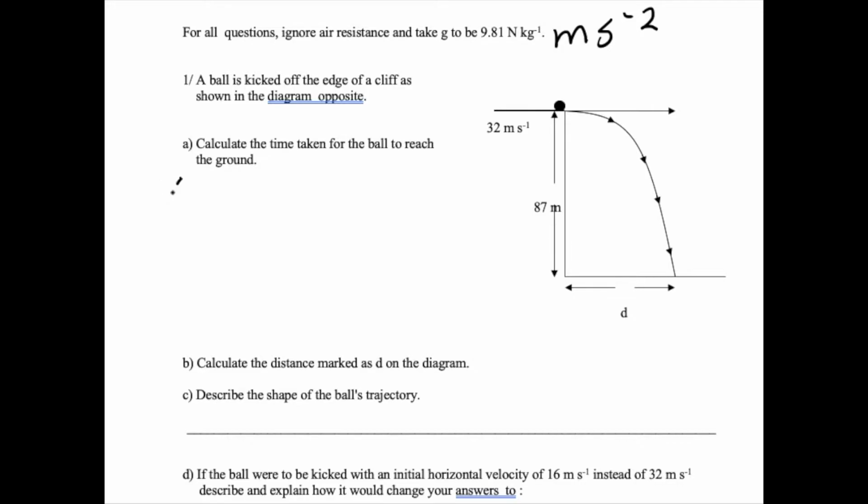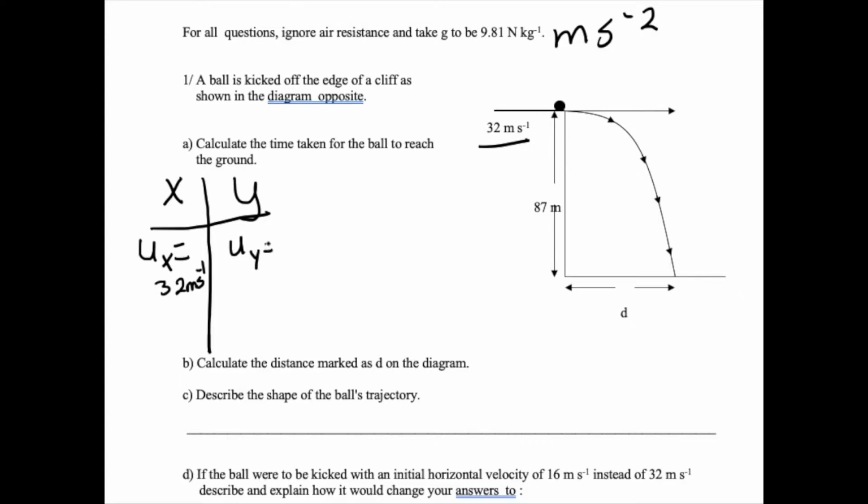For that, I'm going to make a table of everything we know on the horizontal and on the vertical. First of all, initial velocity x in this question is this given speed right here. So I'm going to write that here as 32 meters per second. The vertical velocity in this question is 0 because there is no upward or downward component, so vertically the motion starts as free fall.